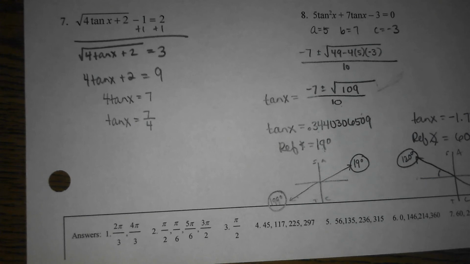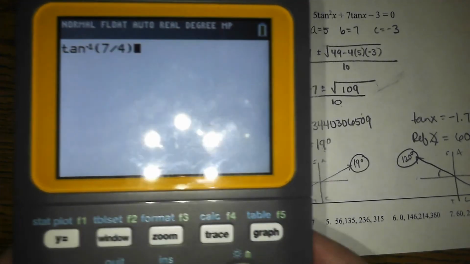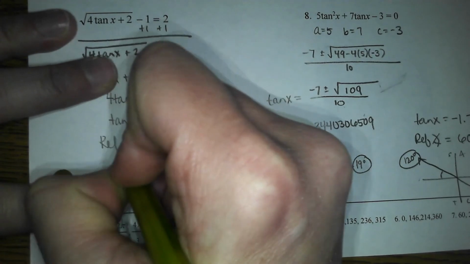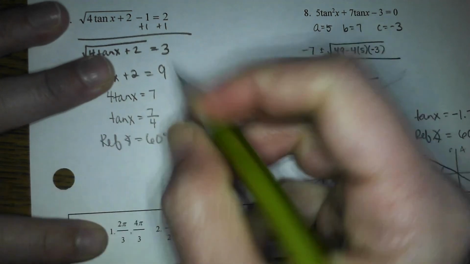And then what are you going to do from here? Inverse tangent, right. So inverse, and this will give us the reference angle only. Inverse tangent of 7/4, 60-degree reference angle. So I'm writing down reference angle equals 60.